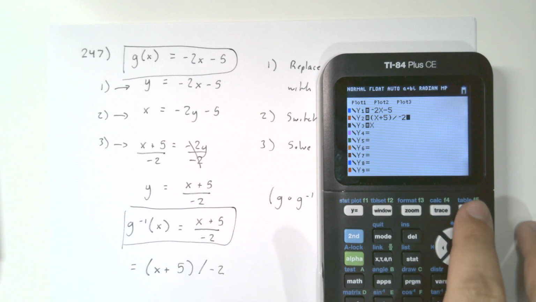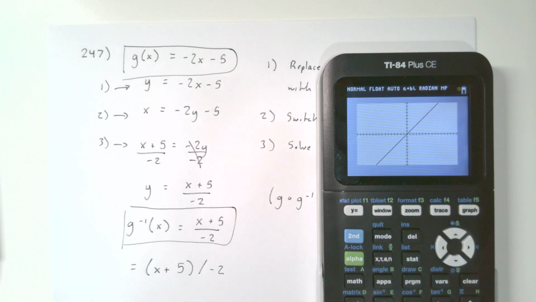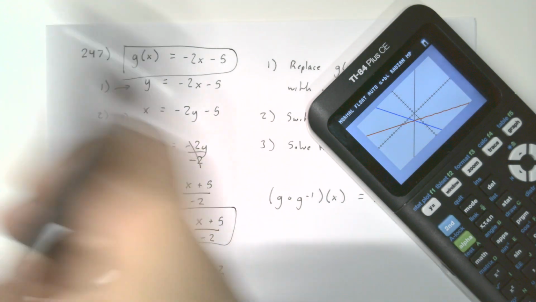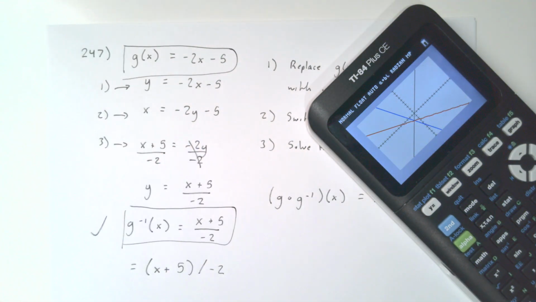And now let's see if they make a mirror image. They have one that looks like that, and one that looks like that. And so we can see that, yes, they do make a mirror image of one another. And so we know that this is correct. So this is our inverse function.